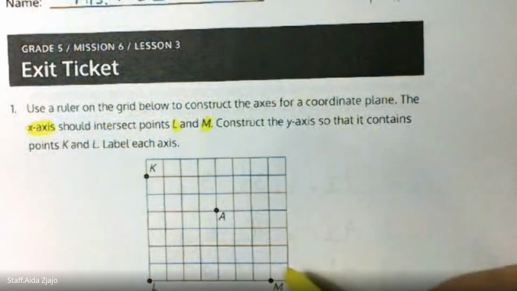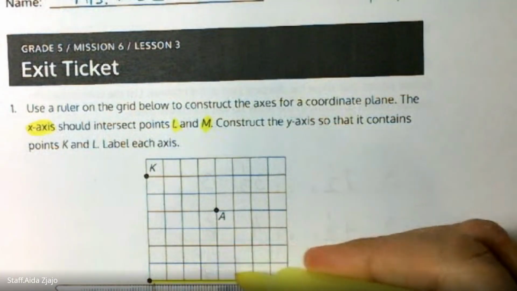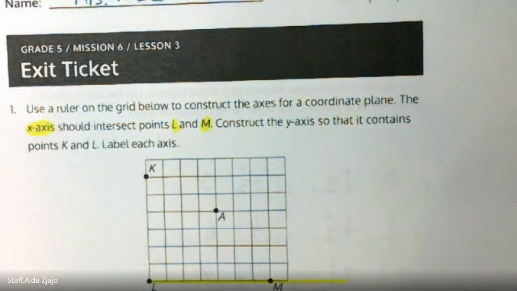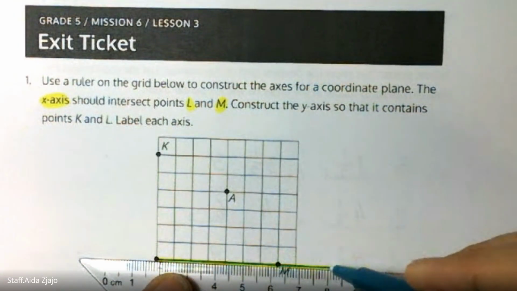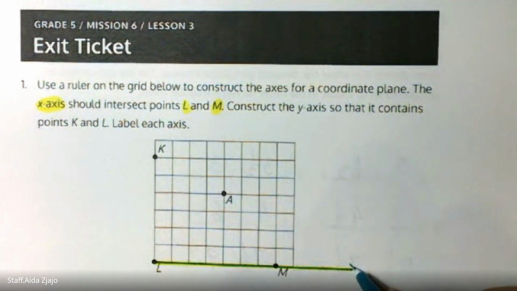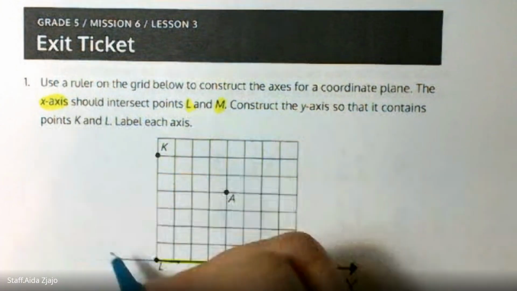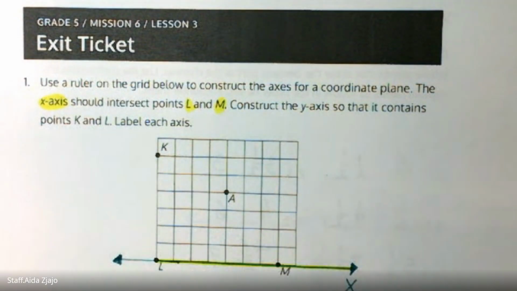This is L, this is M, so this has to be the x-axis. Then we extend this line segment to make a line. We can also extend on this side if we want. So that's really the x-axis line.